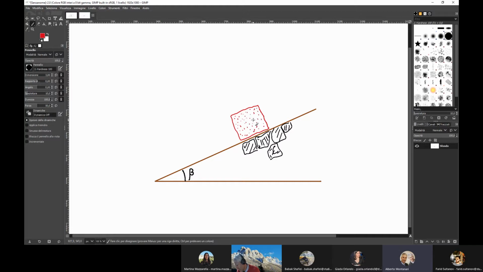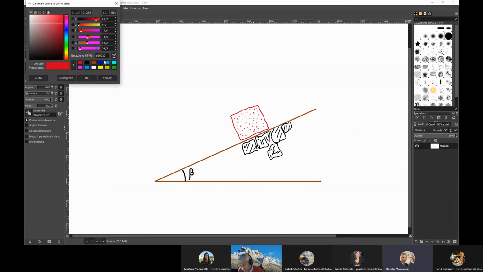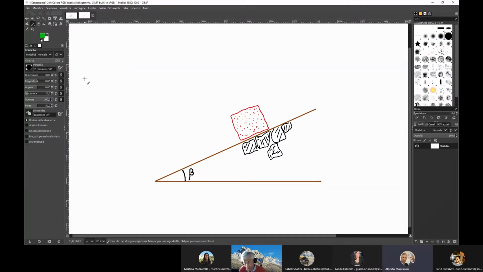This is the unit whose stability we have to study. Now, let's first of all draw a force, a run-up force that is destabilizing the unit. So this run-up force, it's something like this one.